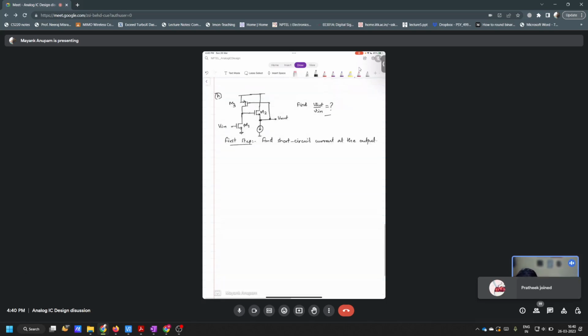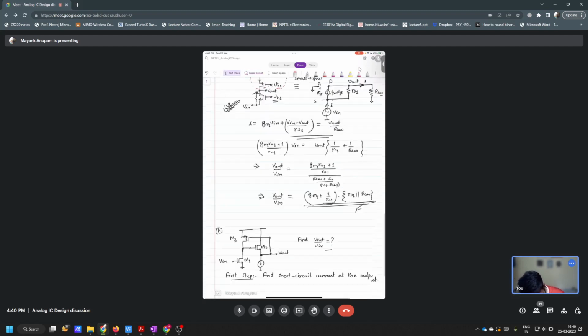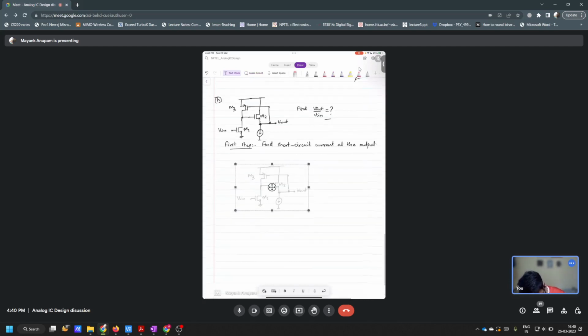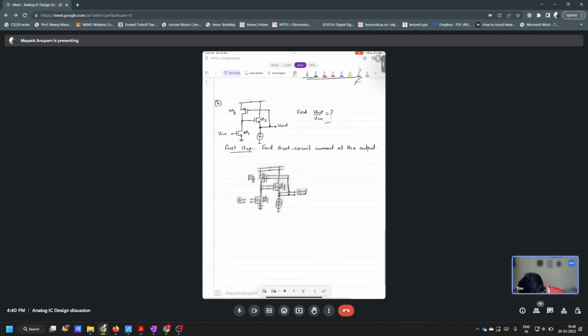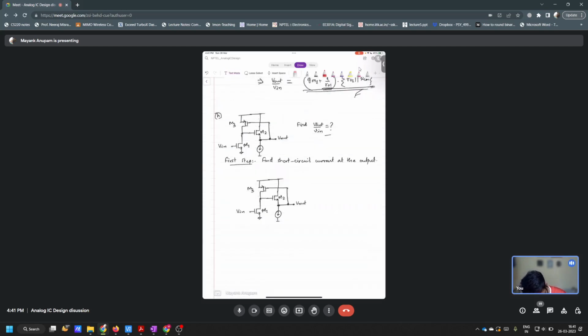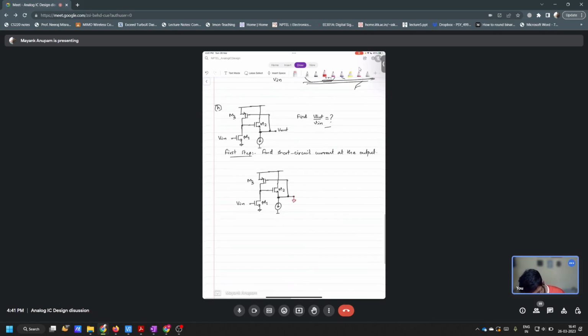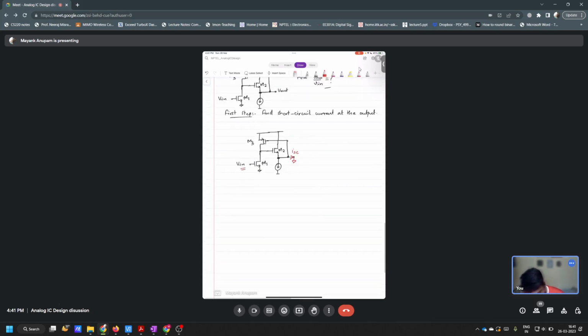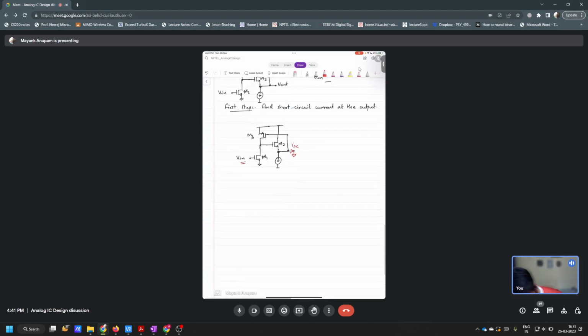Let me take this circuit here and short this node. We have to find this ISC because of this V in. So what will it be?